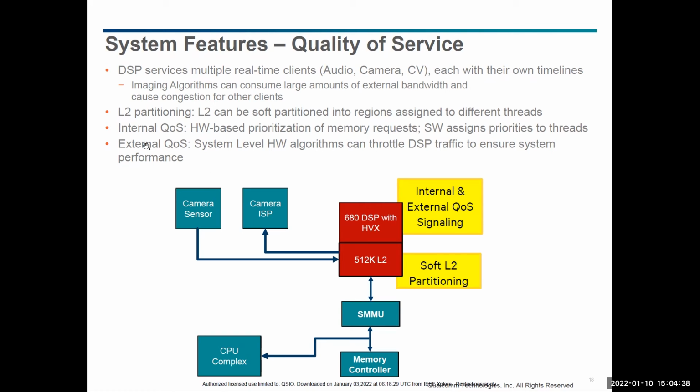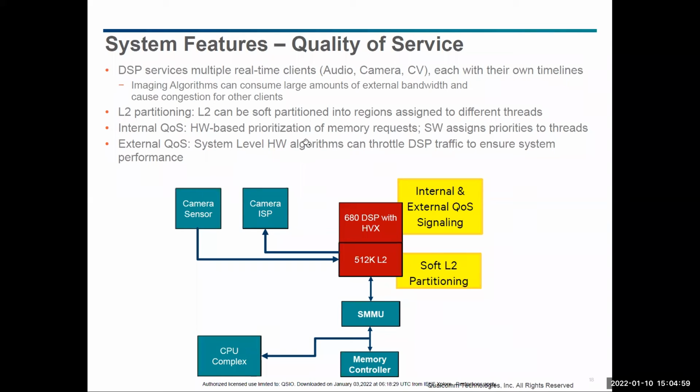There are two more things that are available from the hardware perspective. The first one is called internal QoS, which is basically hardware-based prioritization of memory requests. And as I mentioned earlier, somebody also asked a question about the scheduling algorithm.